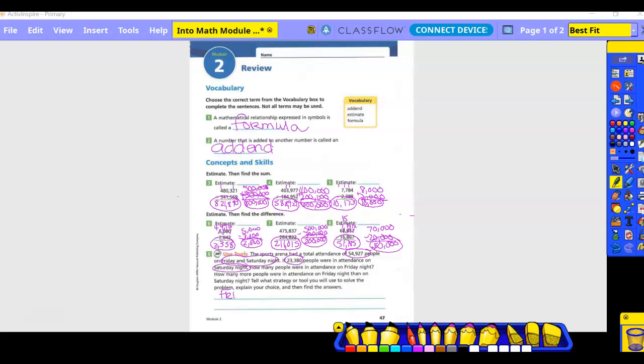So Friday night, okay, and then we need to find the difference. Difference is the answer to what? Subtraction. A subtraction problem. Okay, so to find Friday night, what am I going to do?